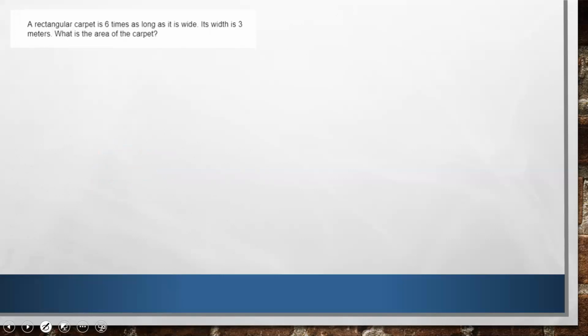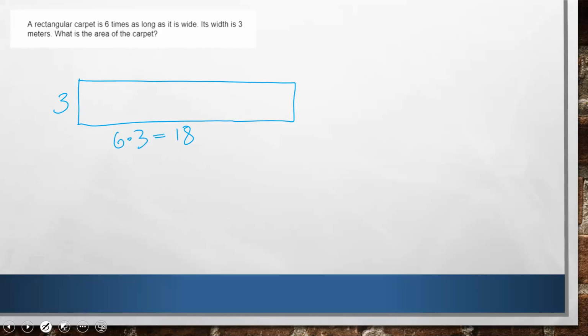A rectangular carpet is 6 times as long as it is wide. Okay, so I'm going to draw a really long carpet. It says the width is 3 meters. It says it's 6 times as long as it is wide, so that means it's got to be 18 long, because 6 times 3 equals 18.